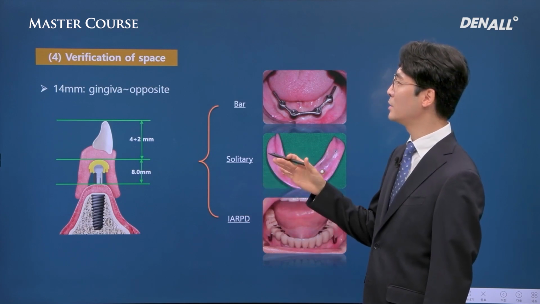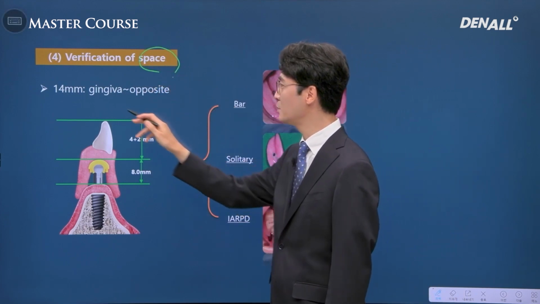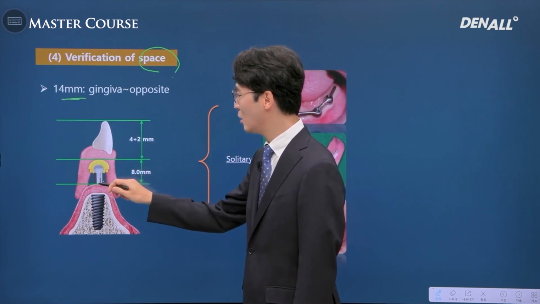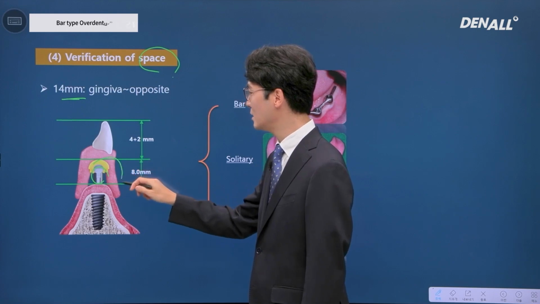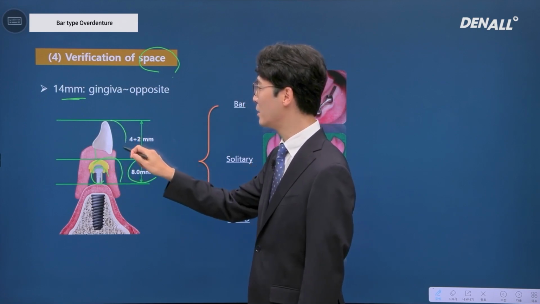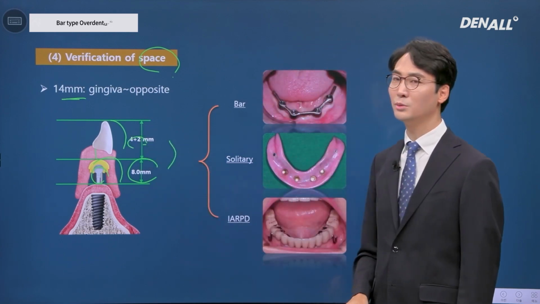As mentioned repeatedly, in implant bar overdenture, the space is very important. I've repeatedly mentioned 14 millimeters. The space taken up by bar and clip is 8 millimeters, denture base 2 millimeters, and artificial teeth alignment 4 to 6 millimeters.